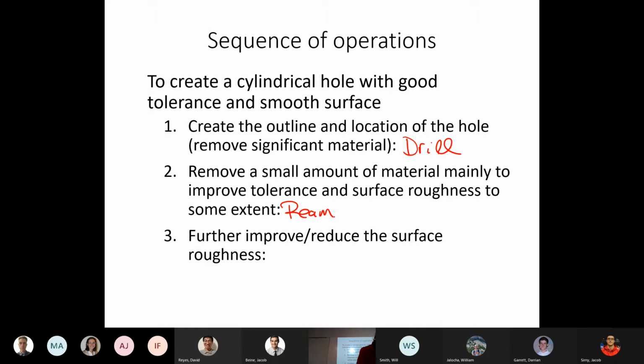We then remove more of the material, so we would use a reaming operation.